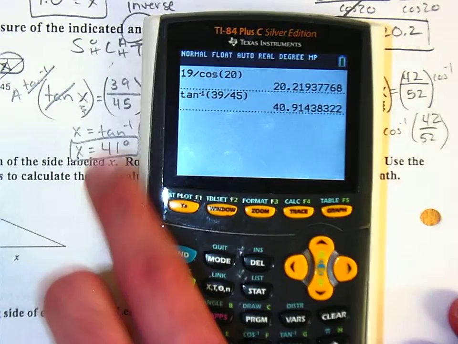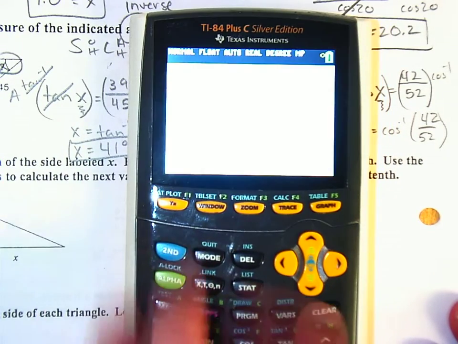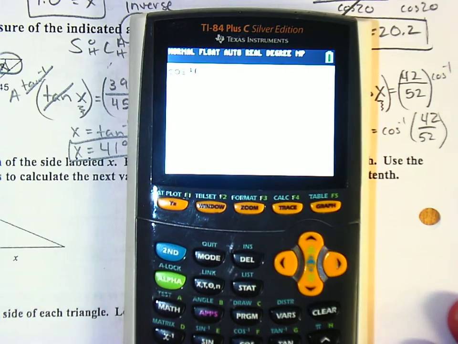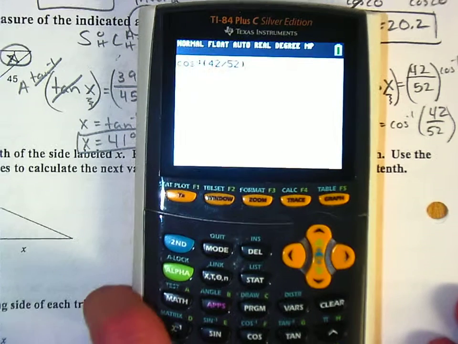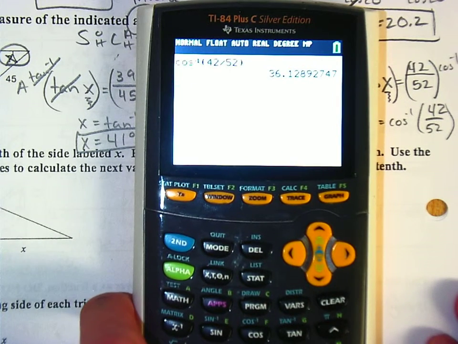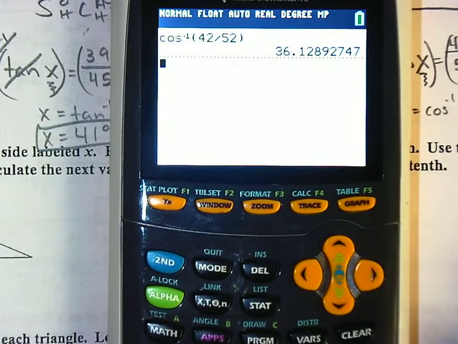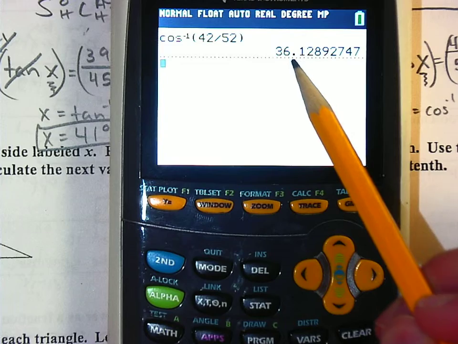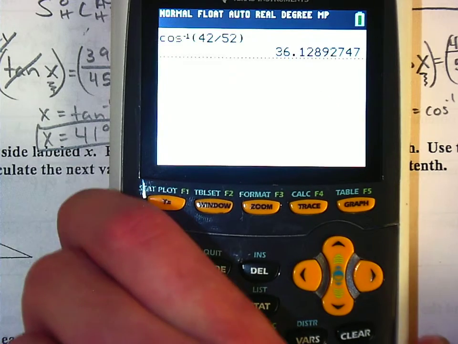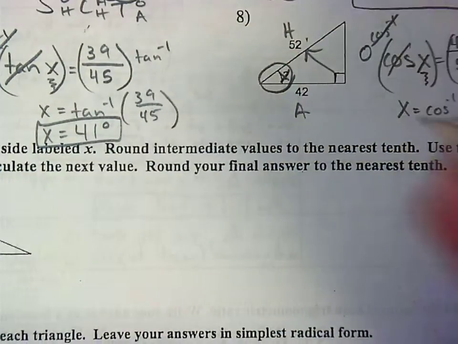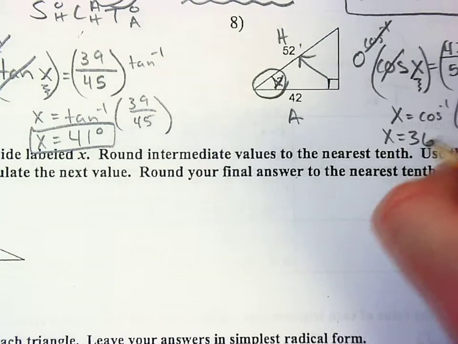We can plug that into our calculator now. So we're doing second cosine of 42 divided by 52. We're pressing enter. And remember, they want it to the nearest degree. That's the ones place. So we get 36. 36 degrees.